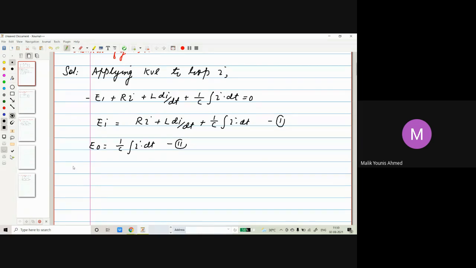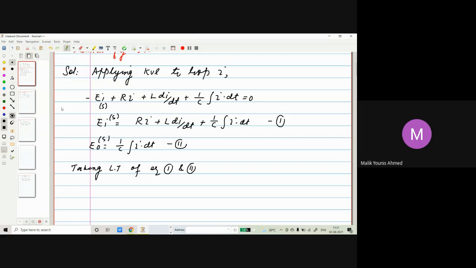Taking the Laplace transform of equations 1 and 2, because the Laplace transform of output divided by input is the transfer function with no initial conditions.